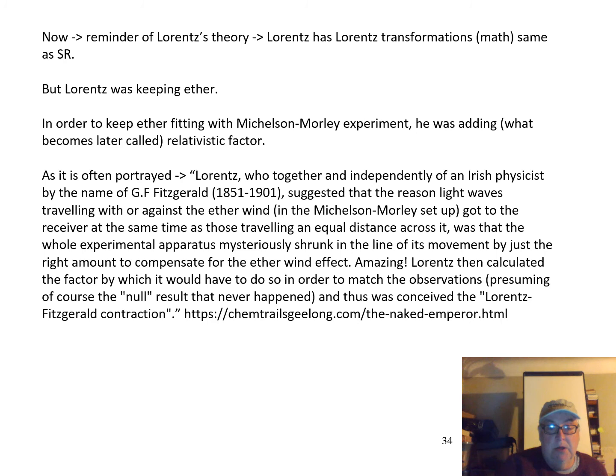Now, a reminder of Lorentz's theory. Lorentz has the same maths as special relativity, but Lorentz is keeping the ether.